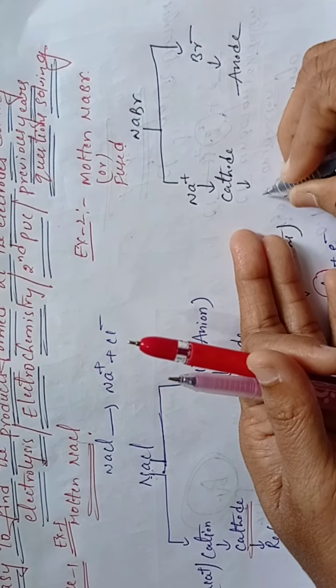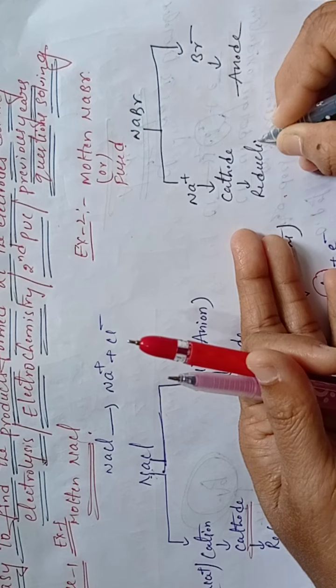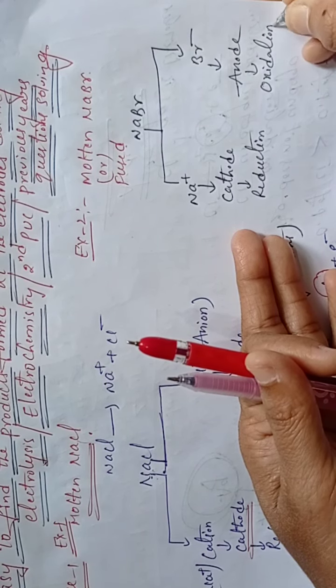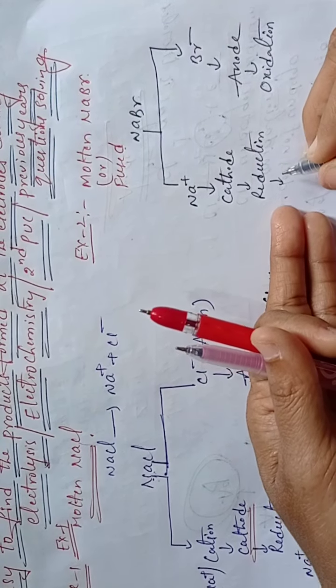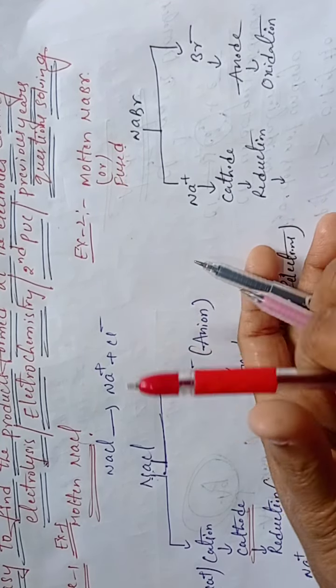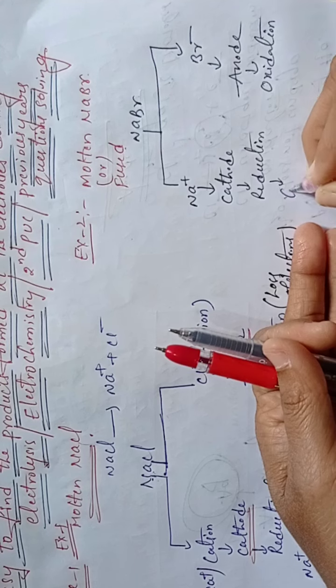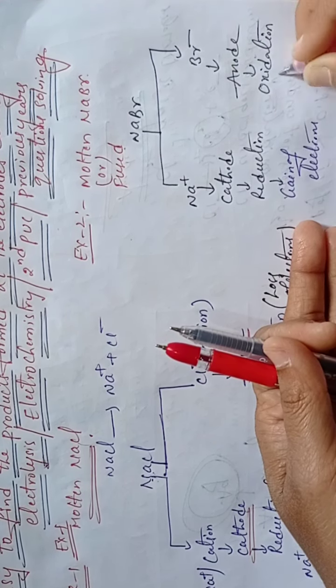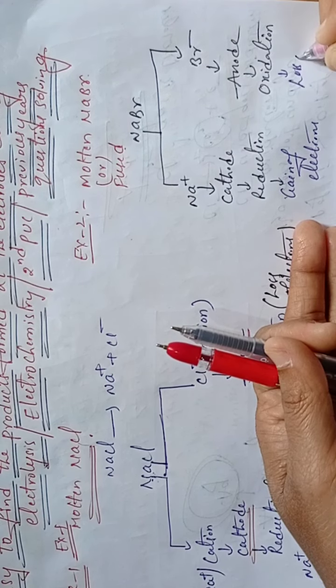At the cathode, reduction reaction takes place. At the anode, oxidation reaction takes place. What is reduction? Reduction is gain of electrons. What is oxidation? Loss of electrons.